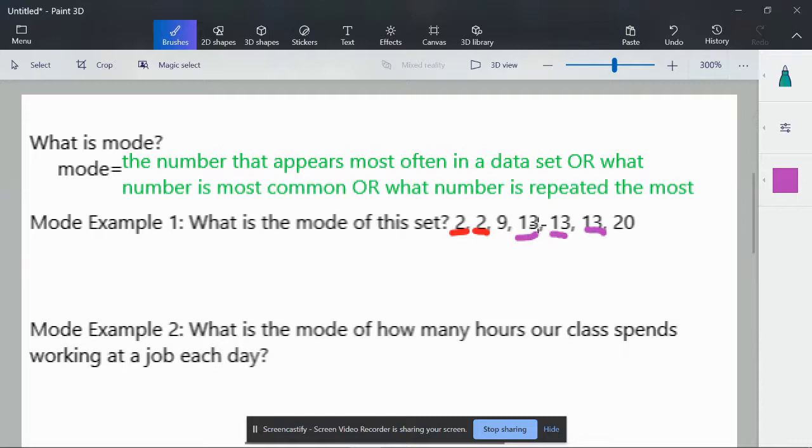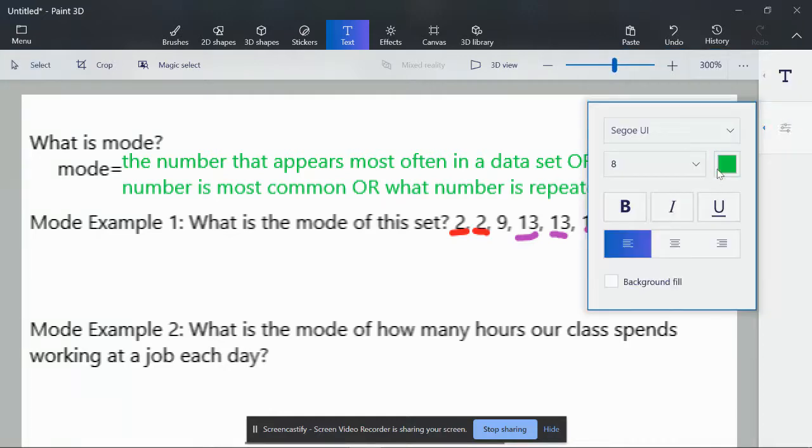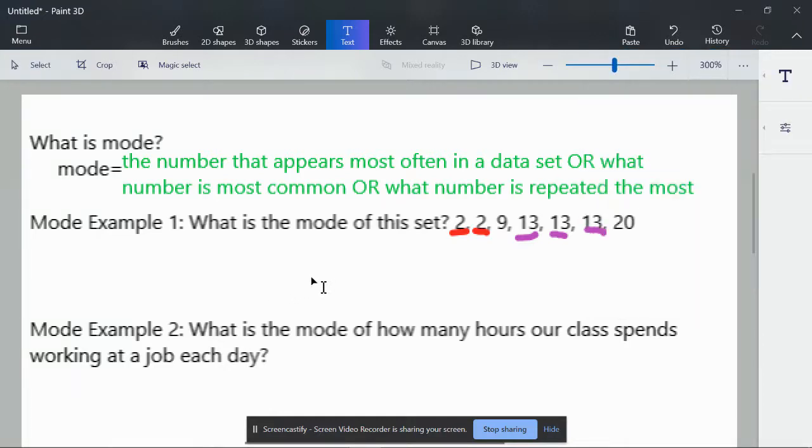So since 13 appears 3 times, that means that the mode of this data set is 13. As simple as that. The mode is 13 because 13 appears the most often, or 13 is repeated the most.